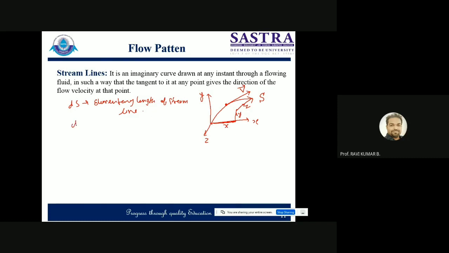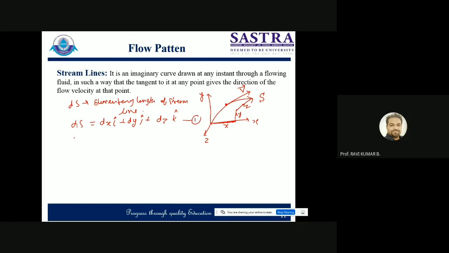So ds is equal to dx along i direction, dy along j direction, and dz along k direction. This is basically the displacement along the flow direction, showing the direction of the flow. So along this, coordinates are behaving like this: dx, dy, dz.